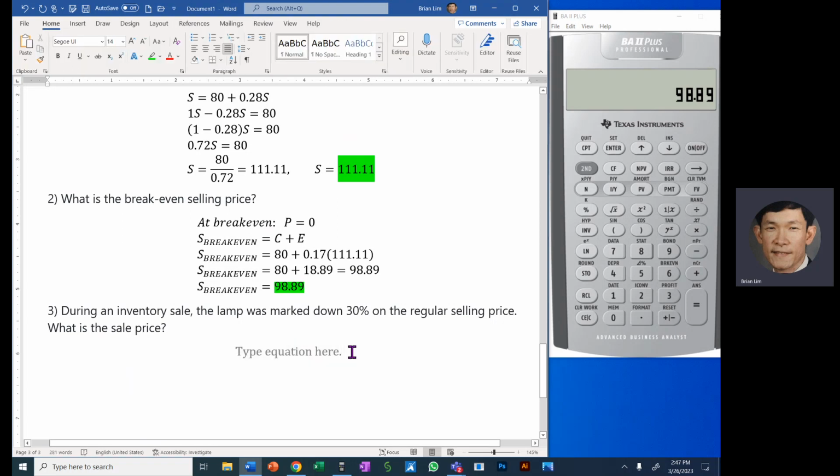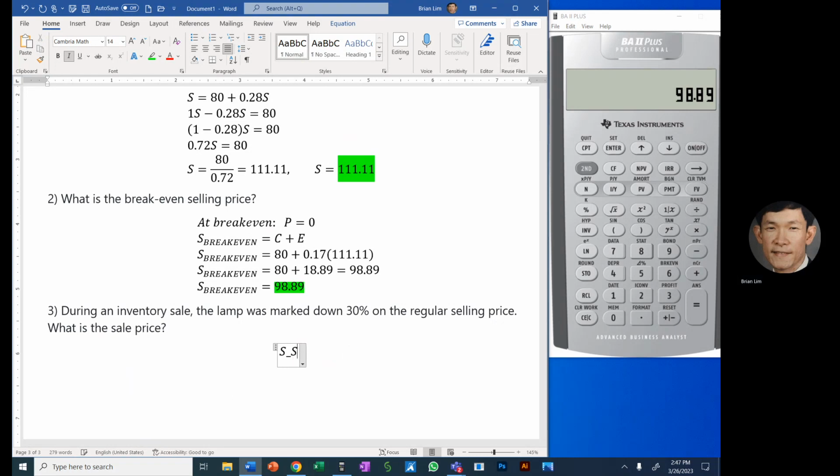Right? So we go with S sale price. Let's put it together. Probably an easier way to do it. Let's put it like that. Not maybe the best way for spelling, but so sale price is equal to what? It's marked down 30% on the regular.